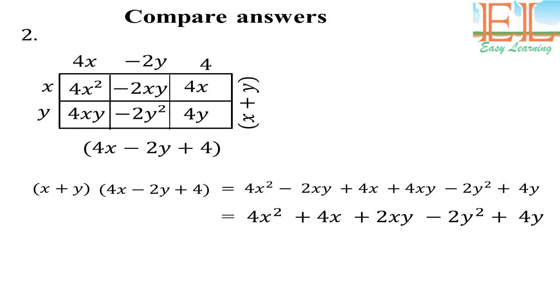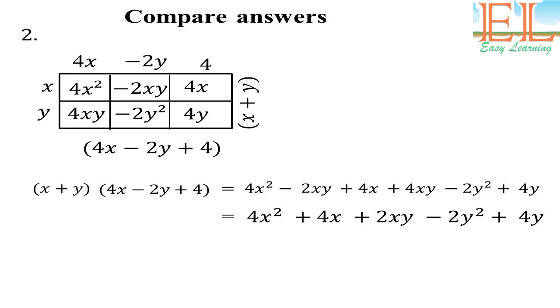Then I take the y. y times 4x is 4xy. y times negative 2y gives negative 2y squared. And finally, y times 4 gives 4y. So, the product of x plus y and 4x minus 2y plus 4 is the sum of all the terms in the boxes.